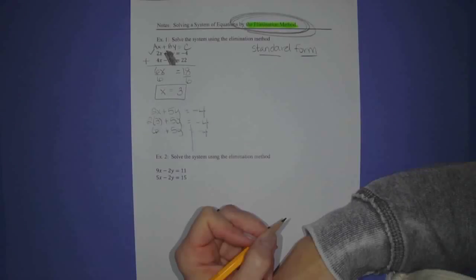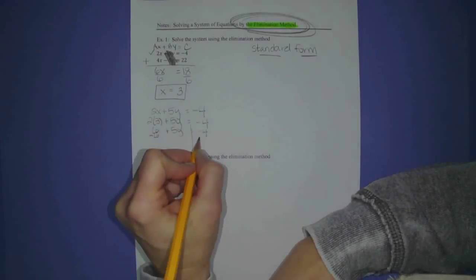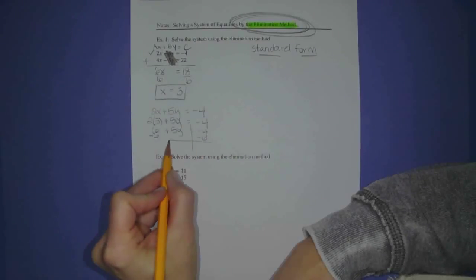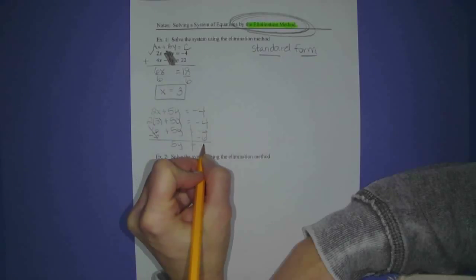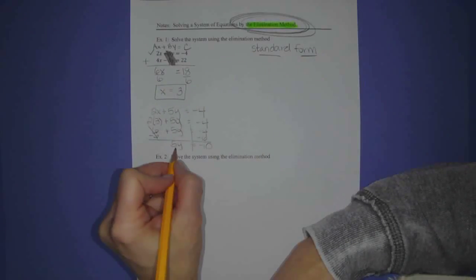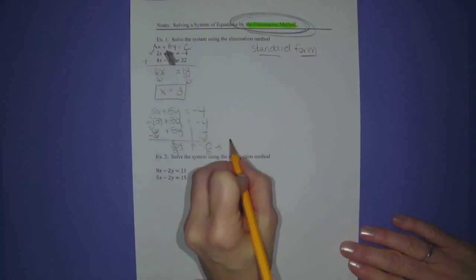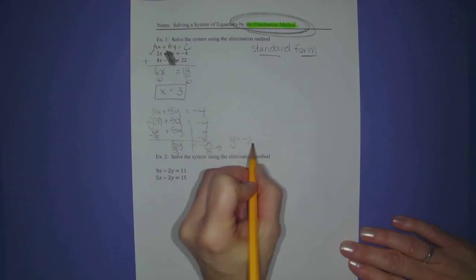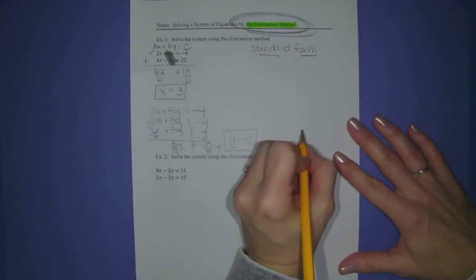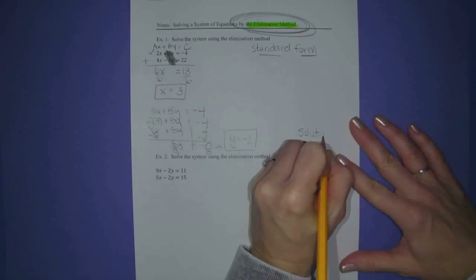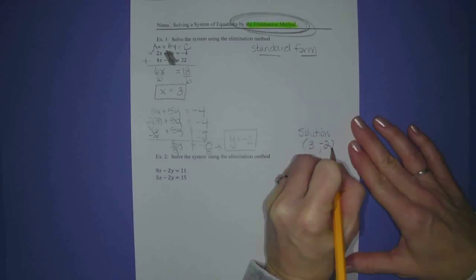And solving this equation for y, I'm going to subtract 6 from both sides, which will leave me with 5y equals negative 10. And if I divide by 5 on both sides, this leaves me with y equals negative 2. So my final answer to this system is going to be my solution, and it is going to be x is 3 and y is negative 2.